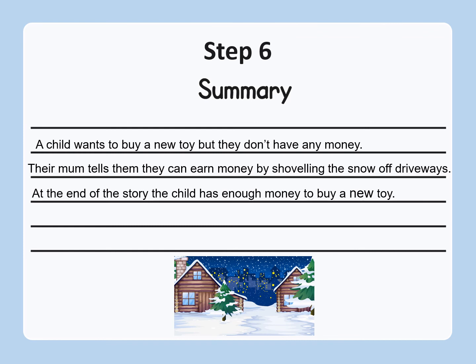So the summary for this text that we're looking at now, the shoveling snow, would be something like, a child wants to buy a new toy, but they don't have any money. Their mum tells them they can earn money by shoveling the snow off driveways. At the end of the story, the child has enough money to buy a new toy.